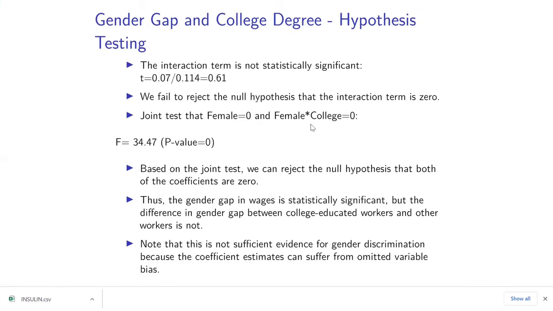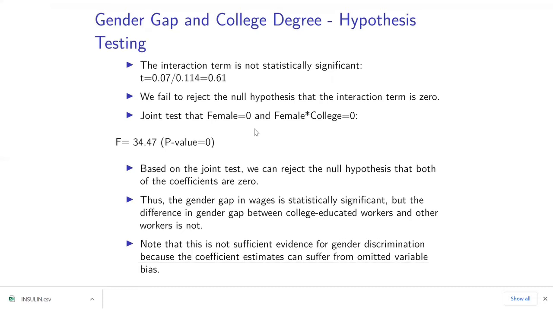The result shows that the F statistic is equal to 34.47, which is much higher than the critical value around 3. And therefore, we have enough evidence to reject the null that the gender gap doesn't exist and accept the alternative that the gender gap does exist, because at least one of the restrictions should not be equal to 0.